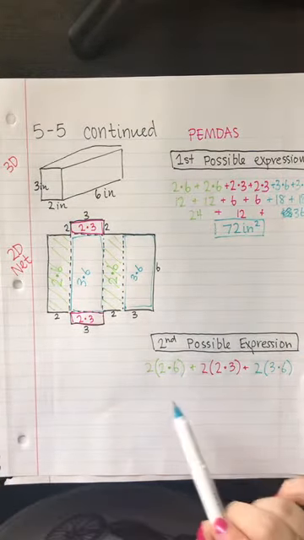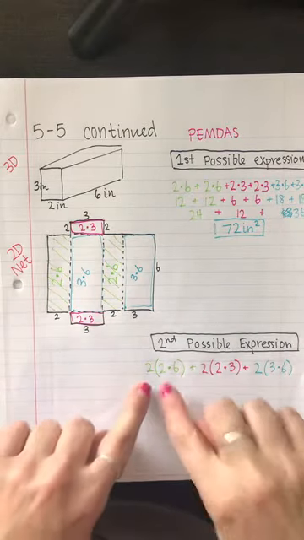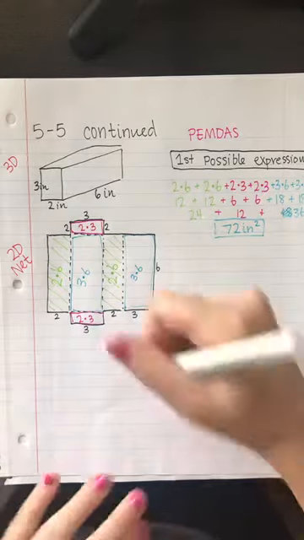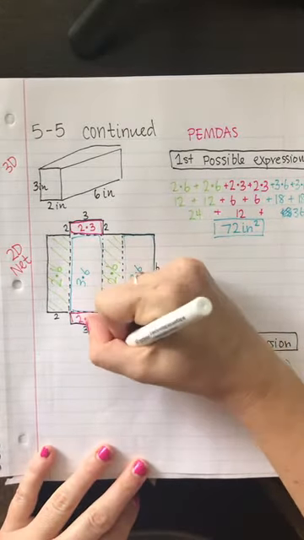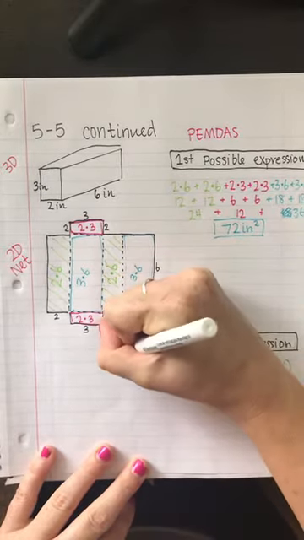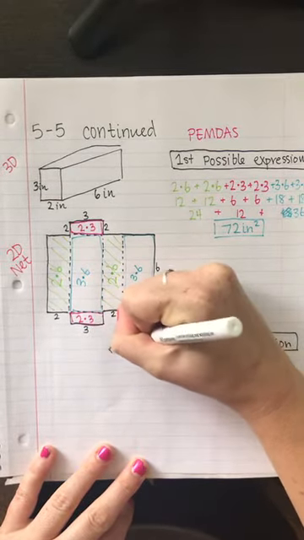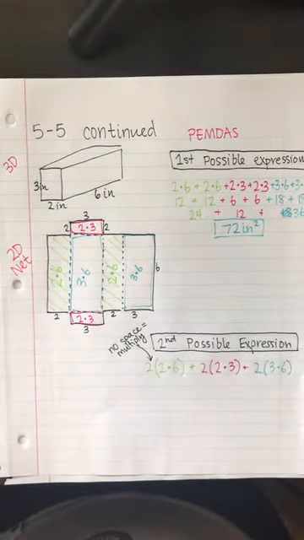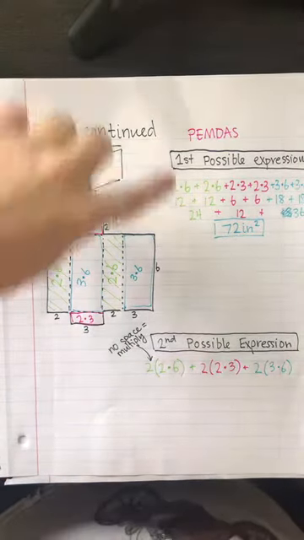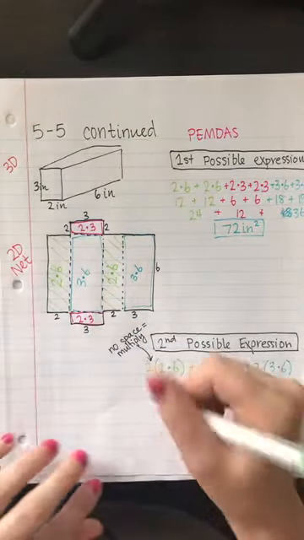Okay, so this one I did use parentheses. I have no space here, which is telling me that I multiply. No space equals multiply. And using the order of operations, first I would go through and I would do parentheses.